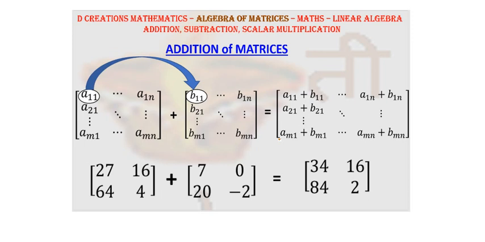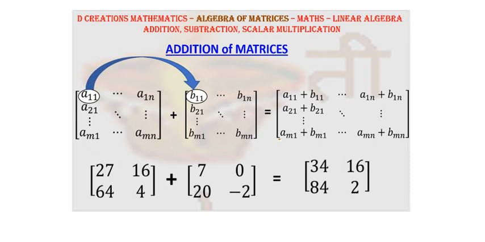Let us look at addition of 2 matrices. Please understand that the same thing will apply to n number of matrices as well. The basic logic, the basic rule, the basic procedure remains the same. So consider that there are 2 different matrices.